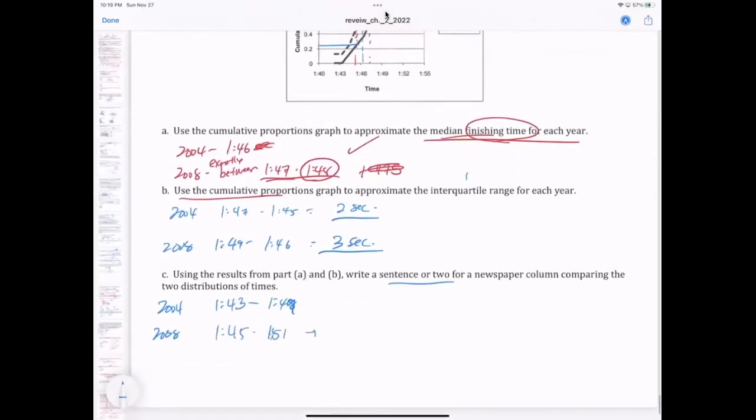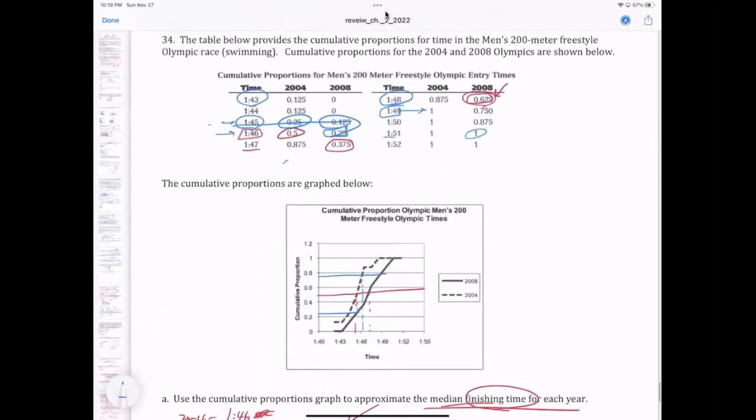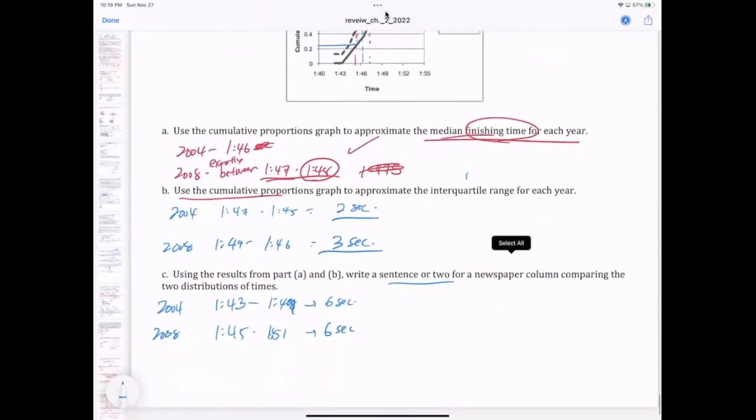So what that means is the range for 2008 will be about 6 seconds, and the range for 2004 will also be about 6 seconds here. So the range for those two times, we can say that it's going to be the same thing.